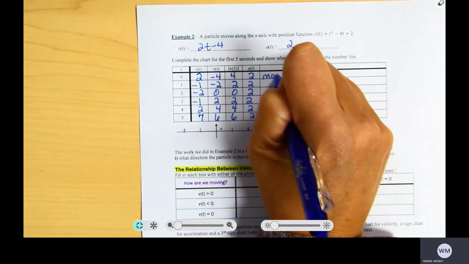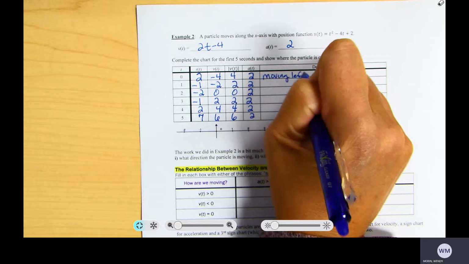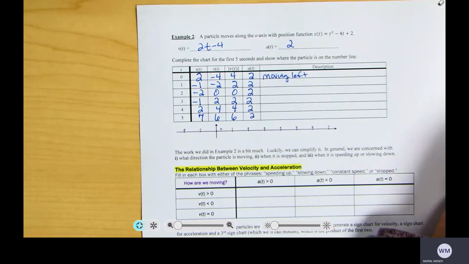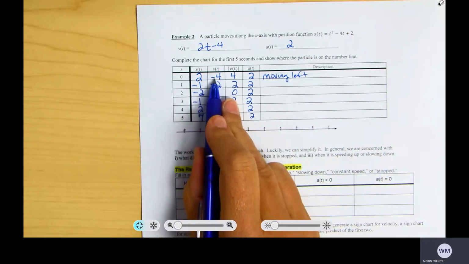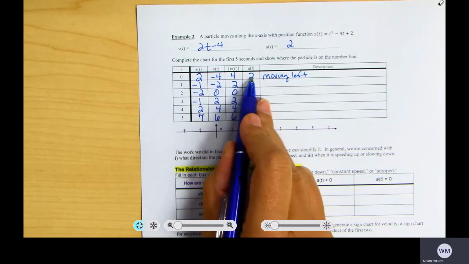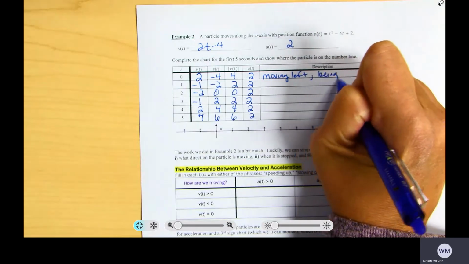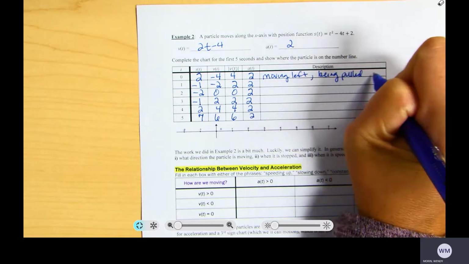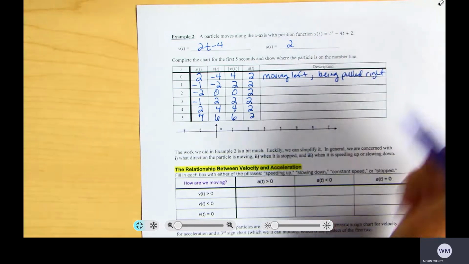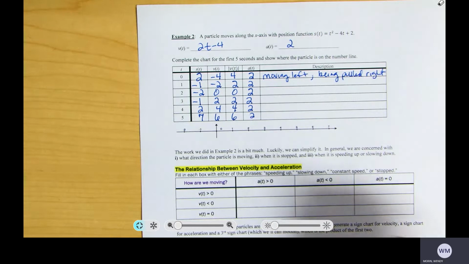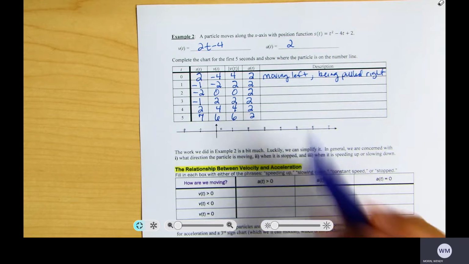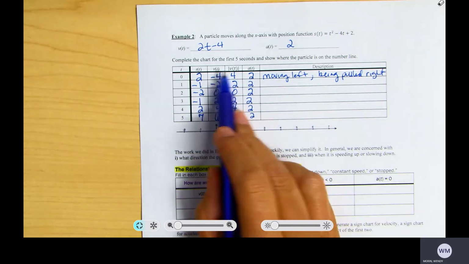So moving left, this is negative, and this right here means you're being pulled to the right. What do you think is happening? If I'm moving to the left, but I'm being pulled to the right, am I slowing down? I am. My velocity and my acceleration have opposite signs.